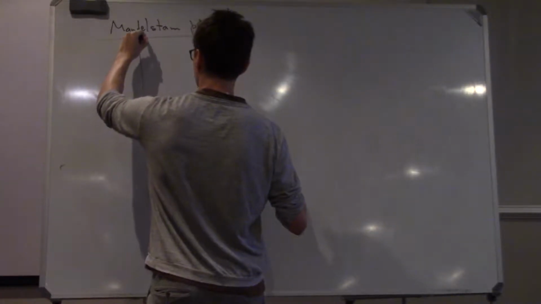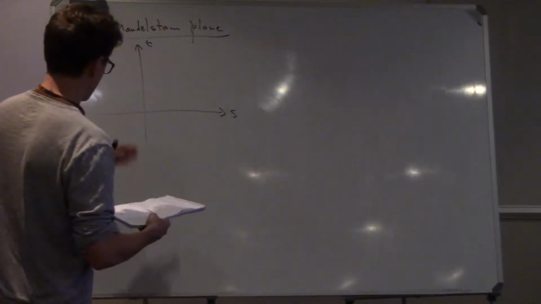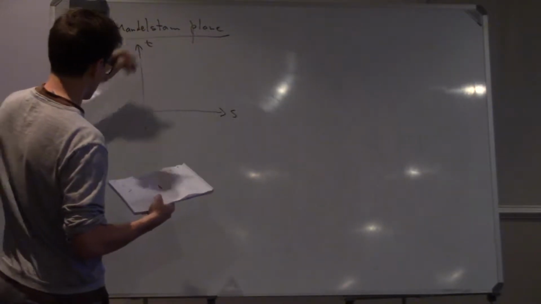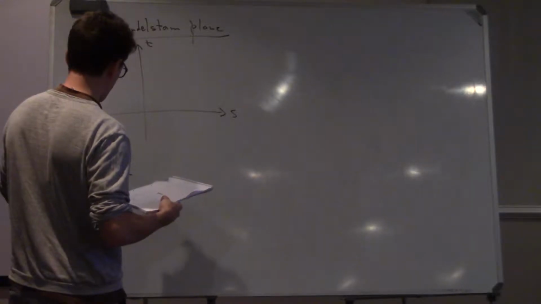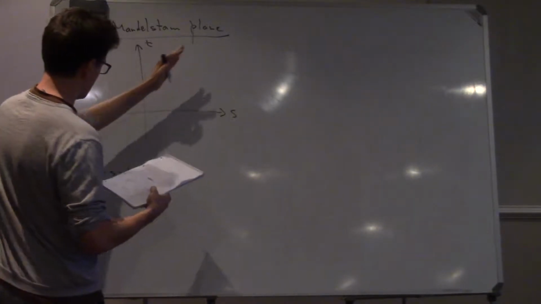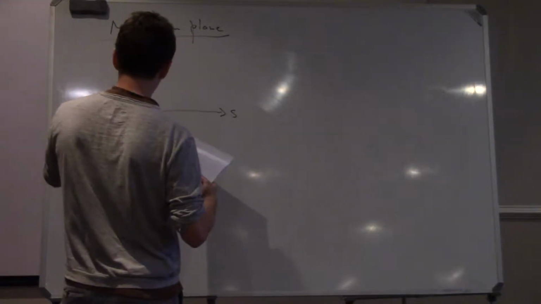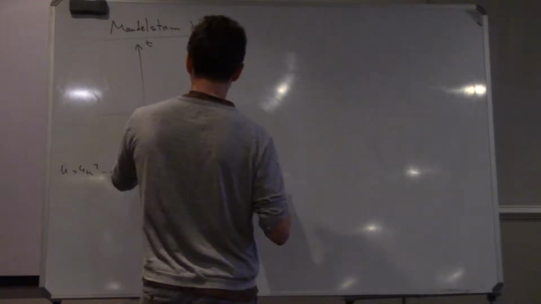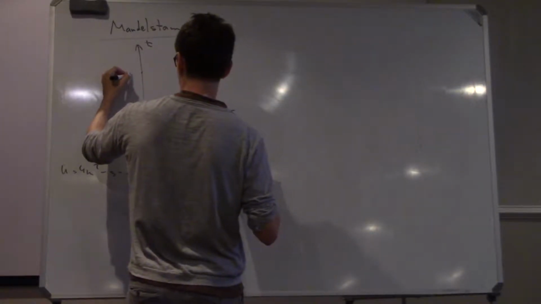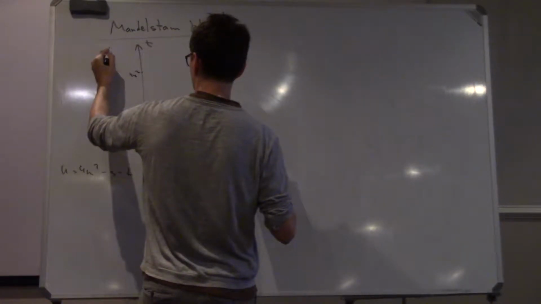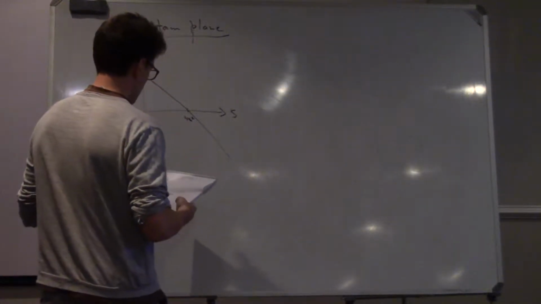This is T, this is S, and U lives on the diagonal, because U is 4m squared minus S minus T. So there is a 0, there is 4m squared here, and there are a few regions.